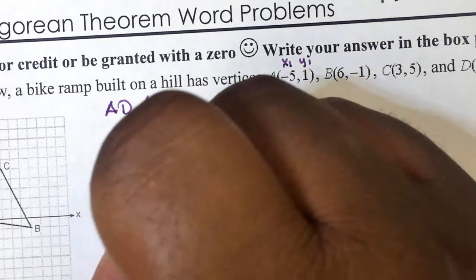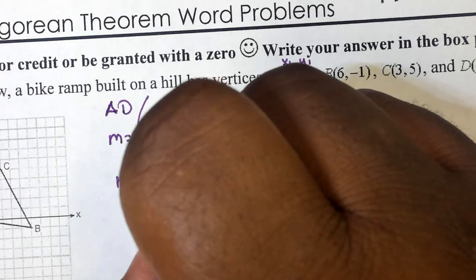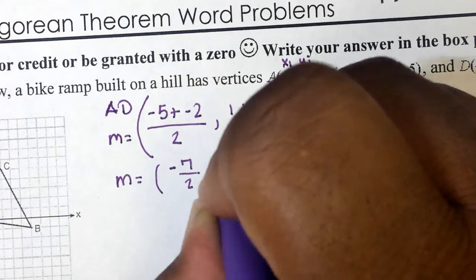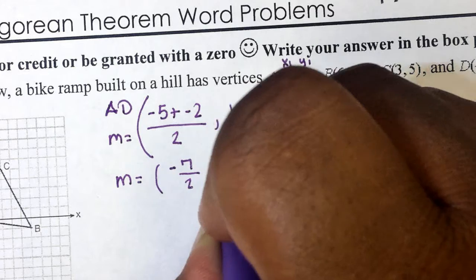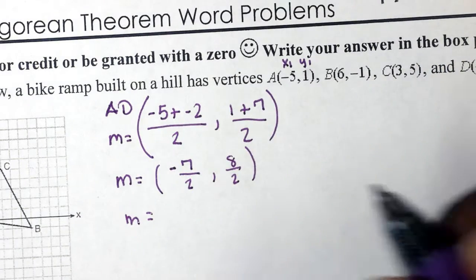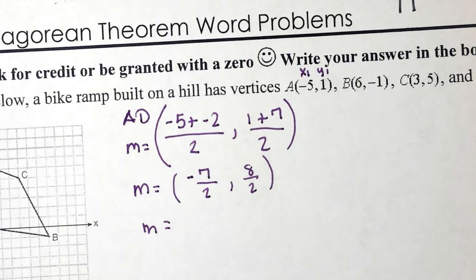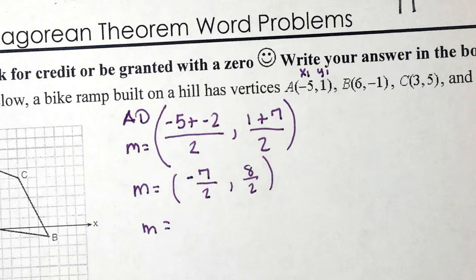And the midpoint equals, down here I'll do it line by line with y'all. You're going to get -7 divided by 2, then you're going to get 8 divided by 2. Simplifying that out, m equals, now on this one, they asked for our answer for the length of the steel tubing as a simplified radical, but they didn't say anything about our midpoints.